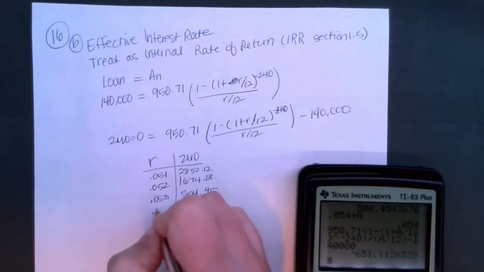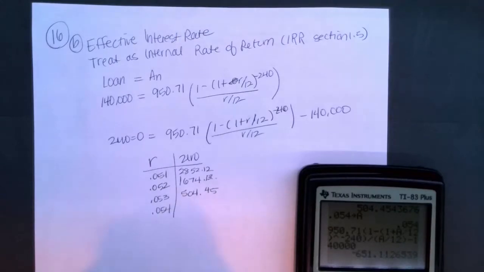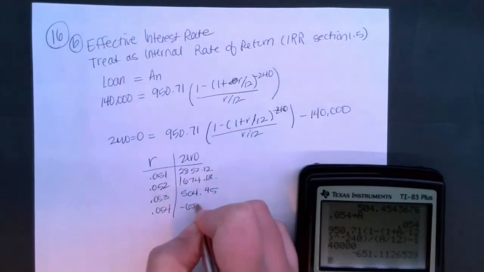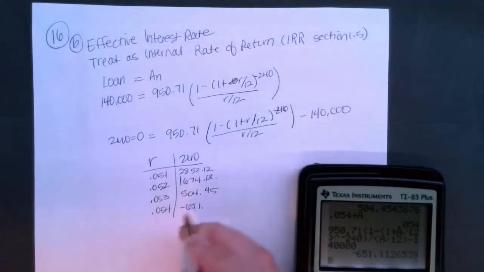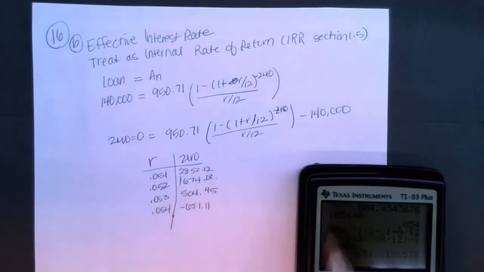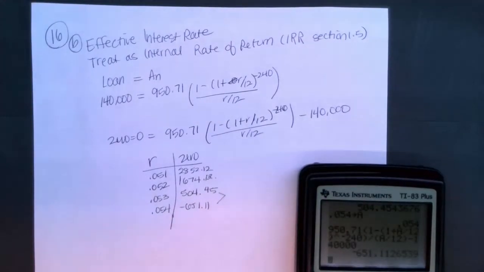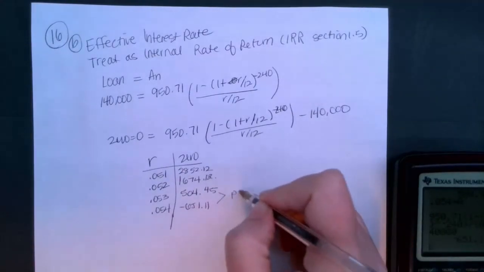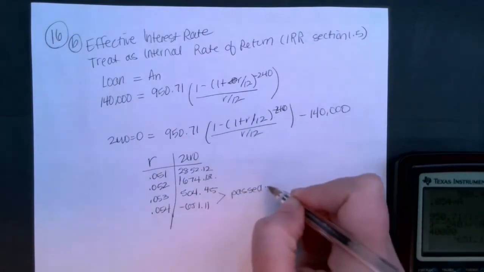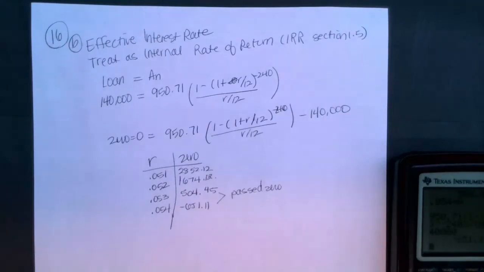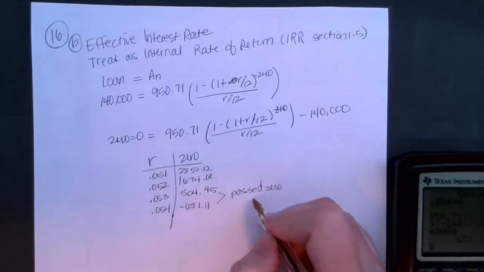Oh, now we're negative. Okay, so that means that it has to be between these two values because we passed 0. So it's got to be between 5.3 and 5.4.